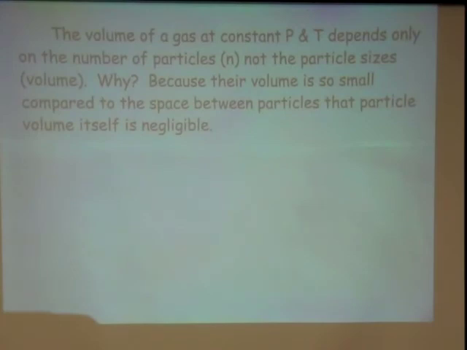And we will talk about that at the very end, non-ideal behavior. But for what we're doing, we just assume that gas molecules are so tiny that we don't really need to take them into account as taking up a large amount of space that the gas is occupying.